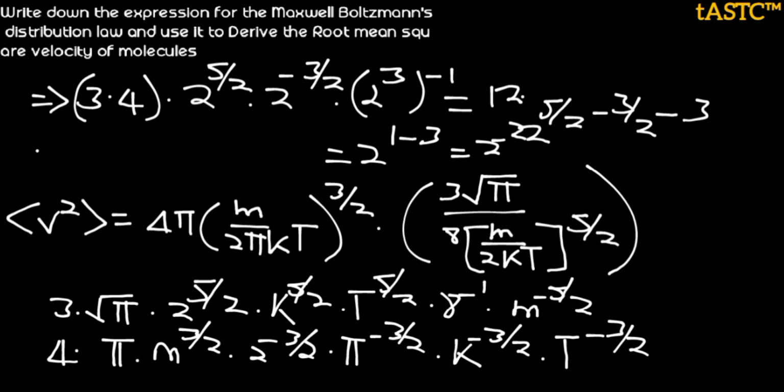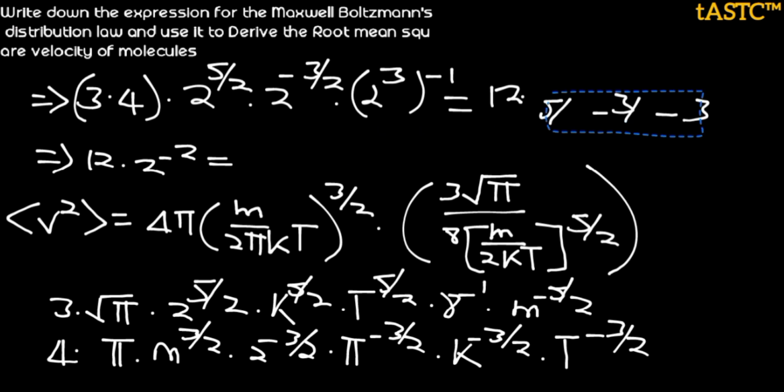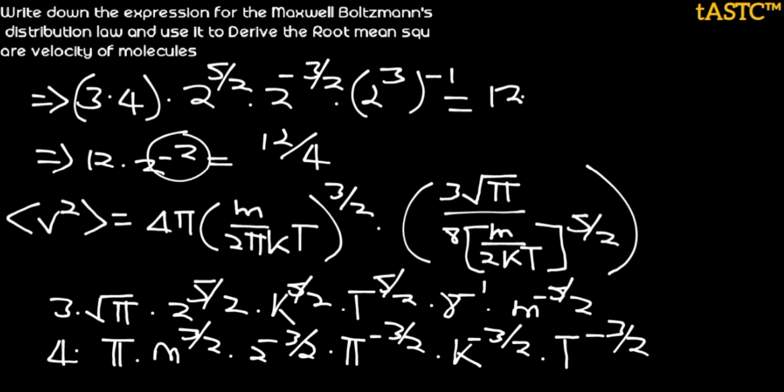So this leads us to 12 multiplied by 2 to the negative 2, which is basically, so I need to take these out now. This is going to be equal to 12 divided by 4, because this should give us 2 to the power of 2, which is 4, and that is raised to the power of negative 1, which means you should divide 1 by 4.